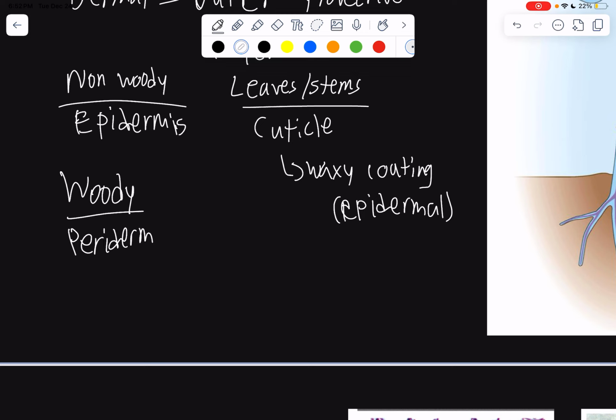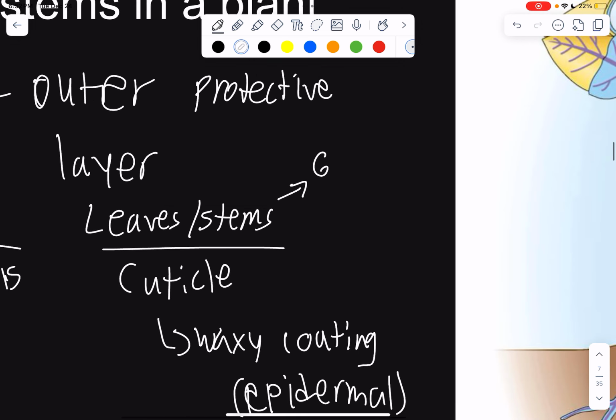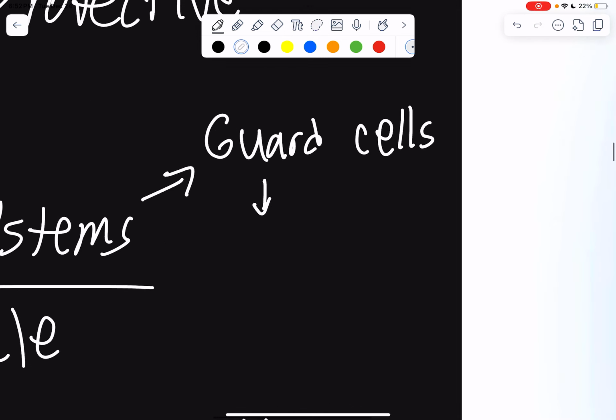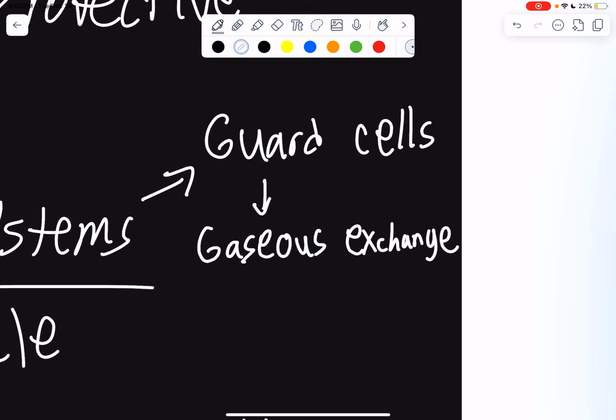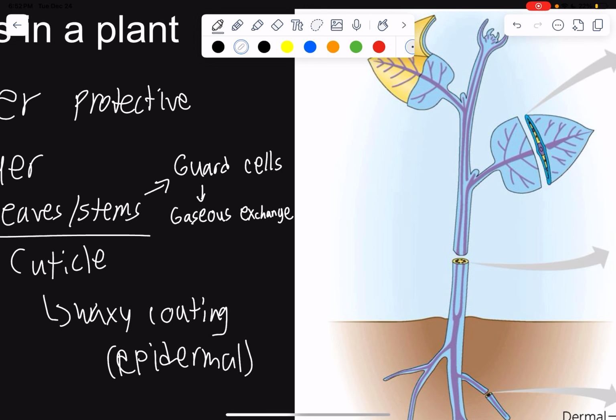Now, in shoots, specialized epidermal cells called guard cells are involved in gaseous exchange. And another class of highly specialized epidermal cells found in shoots consists of outgrowths called trichomes.